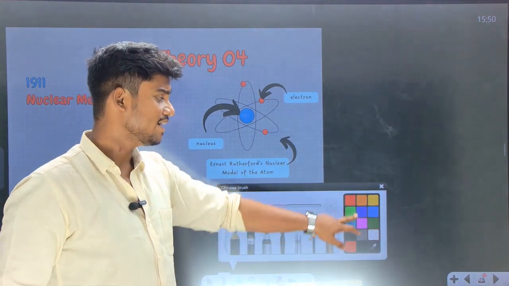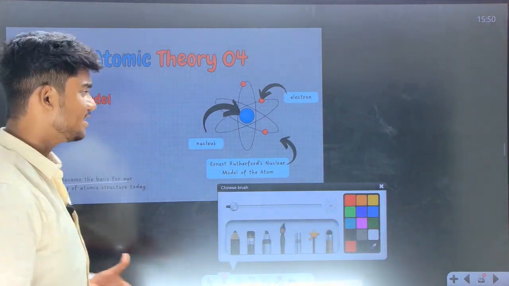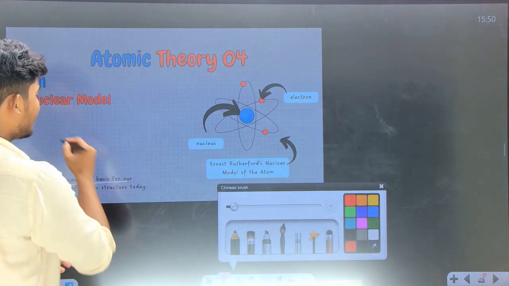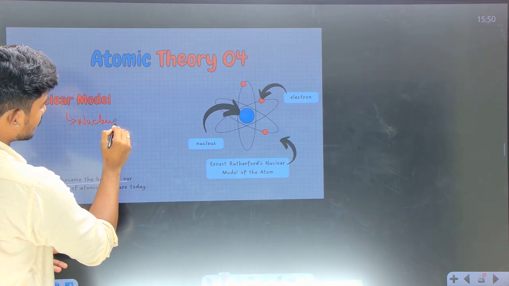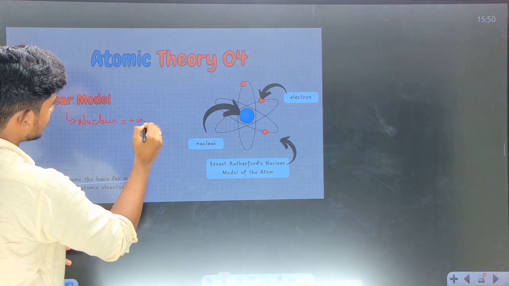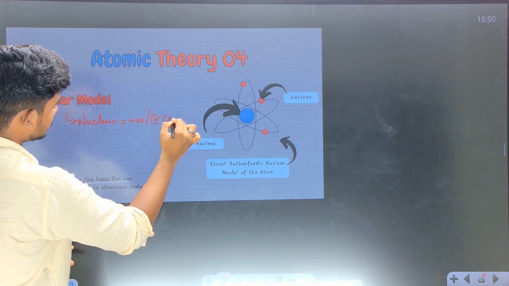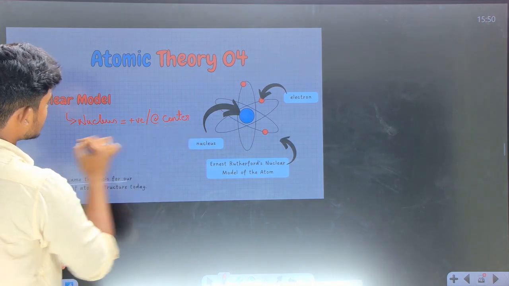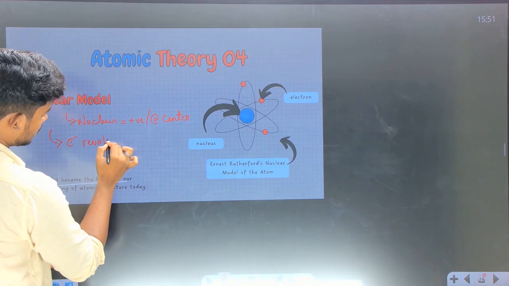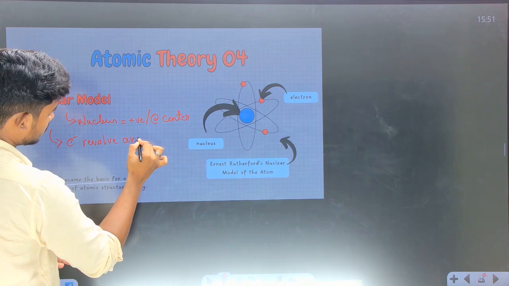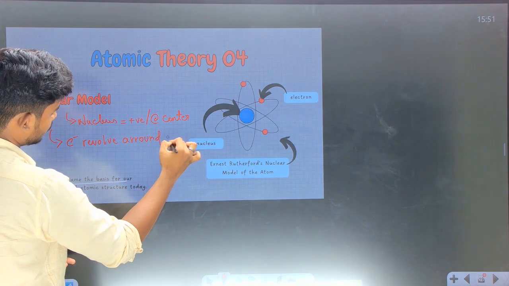Rutherford's model came up with two things: the nucleus is positive and at the center, and second, electrons revolve around the nucleus.